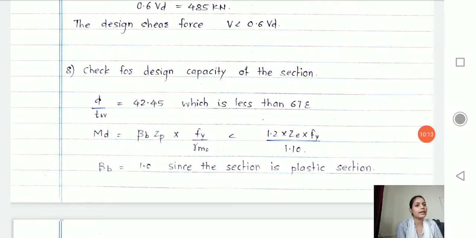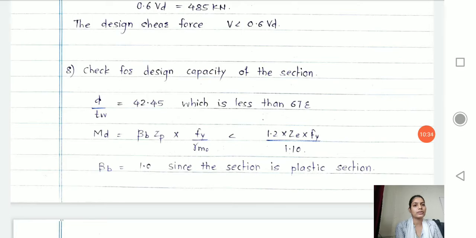I have done this plenty of times before, and you know how to do this. To do this classification, we have to take help of table number 2 from IS 800-2007. Open your IS code and check the depth to thickness ratios.